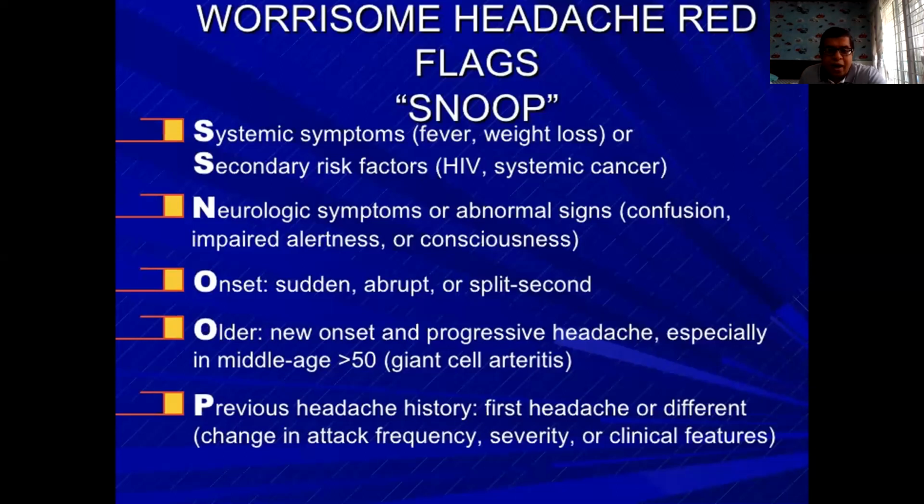Or if the onset is sudden, abrupt or split second, like a thunderclap headache, then we know that the headaches may be severe, or dangerous headaches. Headaches which start in old people, we know that these are dangerous headaches. And if the patient has headache, and the headache changes its nature, or if the patient gets a new onset headache which is very severe, then one has to think of certain things which are very serious. So one has to remember this mnemonic called SNOOP, which is very easy to remember.